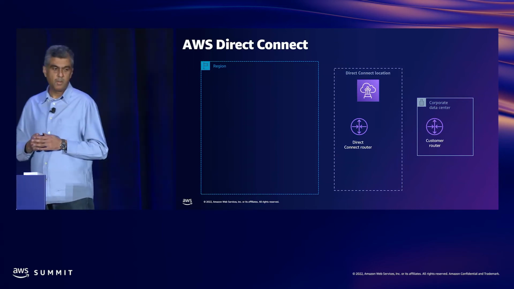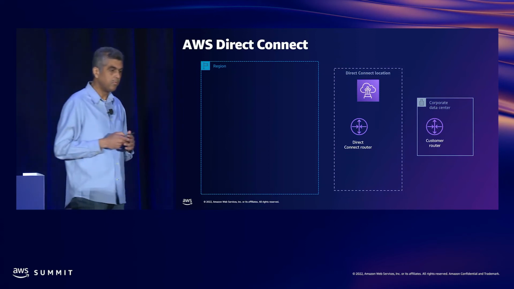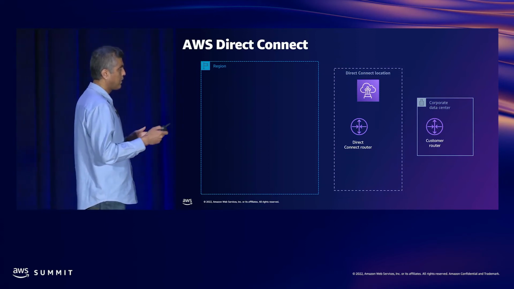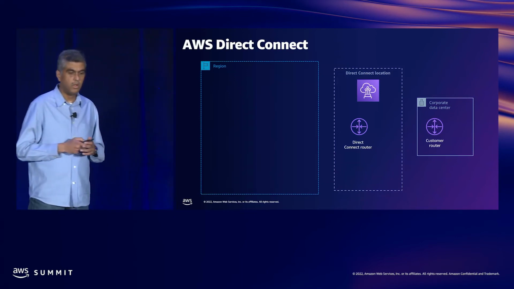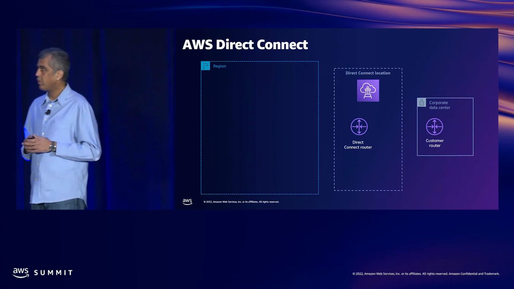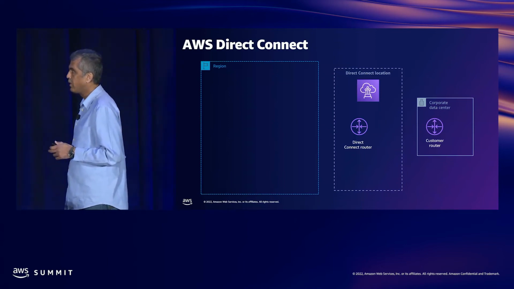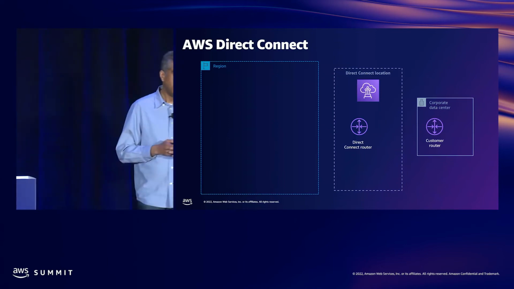And then you can select your bandwidth as low as 50 meg to as high as 100 gig, and you can select the connectivity method. If you may be present in the same co-location, you can order this physical connection yourself, or you can go through many of our AWS Direct Connect partners.